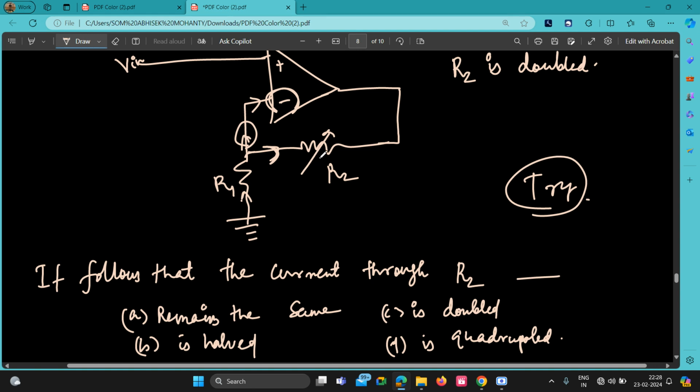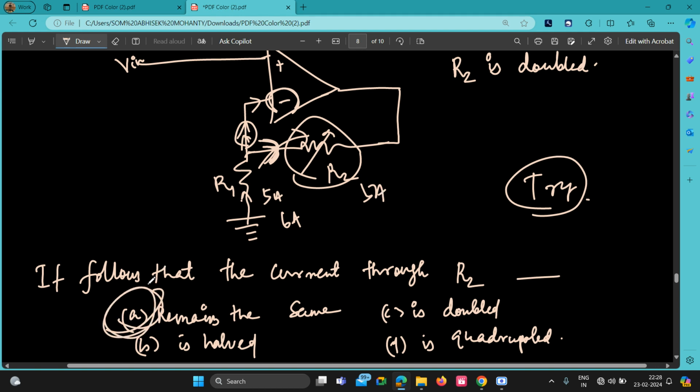So whatever change you make to this R2, it doesn't matter, because all the current will be going through here. Even if I give 5 ampere, 5 ampere will go. It won't be divided here because current into a diode is zero. If you give 6 ampere, the 6 ampere will go. So whatever you do to R2, the current will remain the same. So the answer will be current will remain the same.